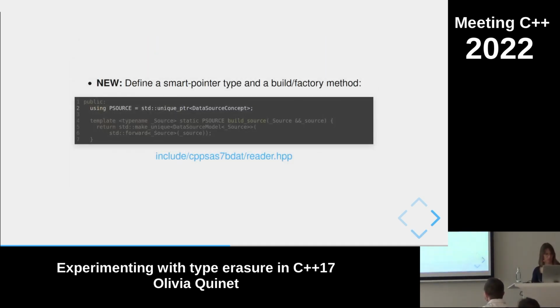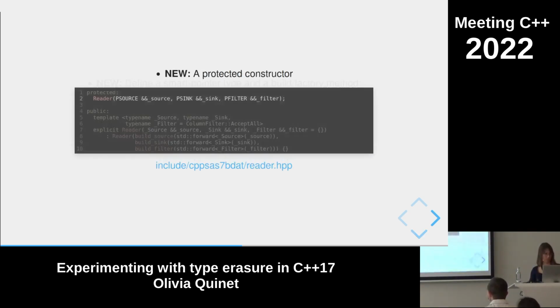So what is different is I define directly a unique pointer for the source, and also a build factory, so it's a bit easier to conceptualize what you are going to do. And yes, so that's the original constructor for the reader function. So I have all the types, and I construct.